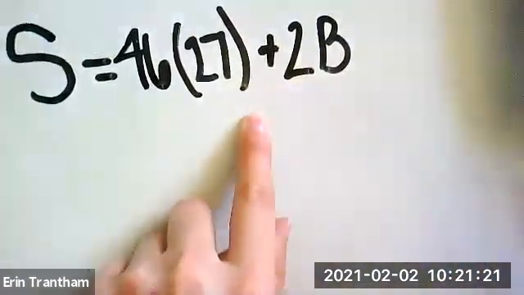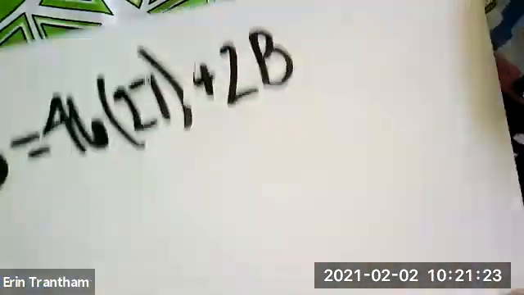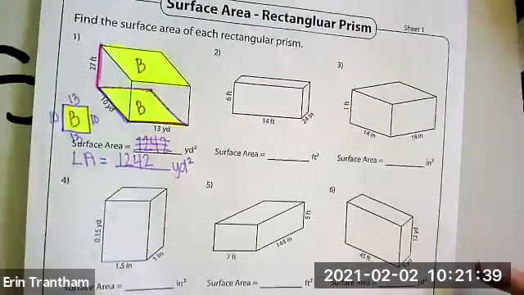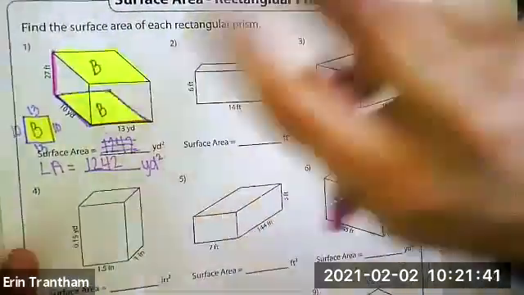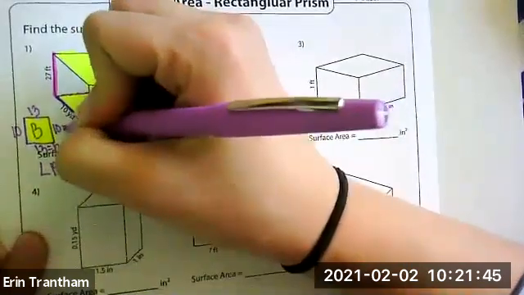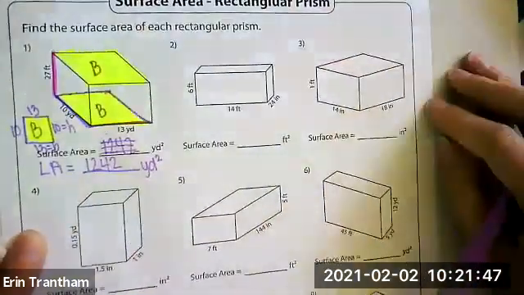And what does the big B stand for? What is it? The area of the base, which is a rectangle. So you're going to use little b times h. If we're looking at this base that we drew, the 13 is the b, the 10 is the h.